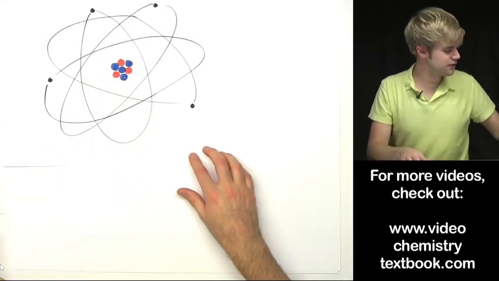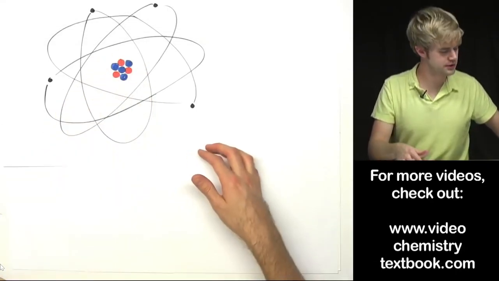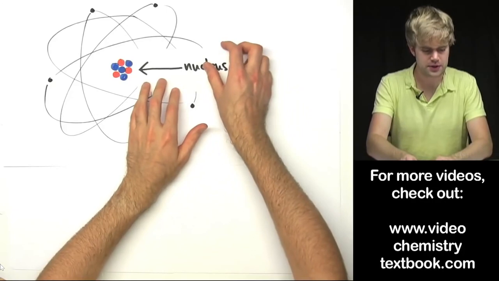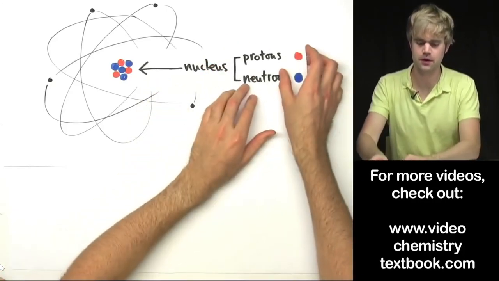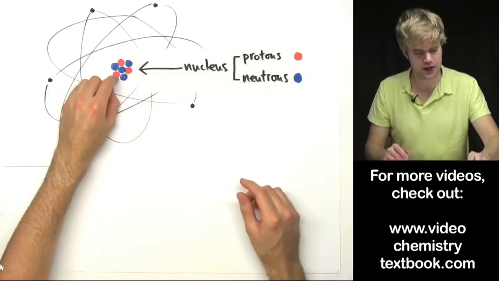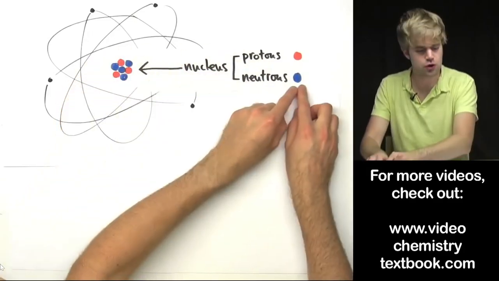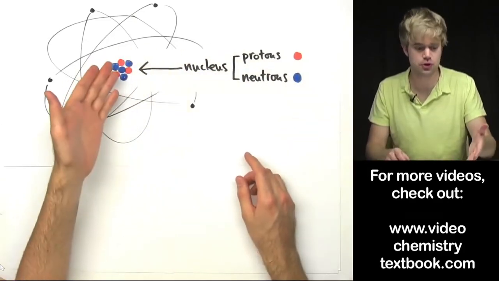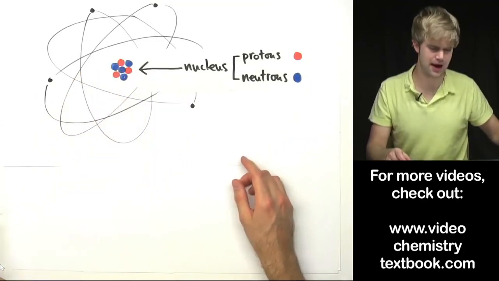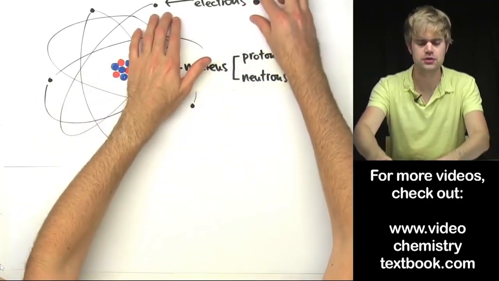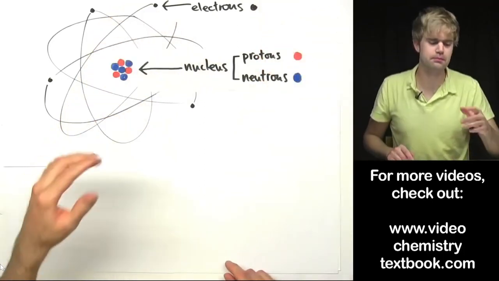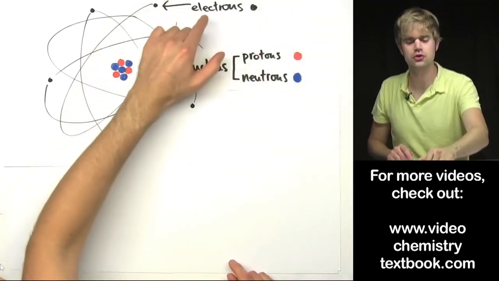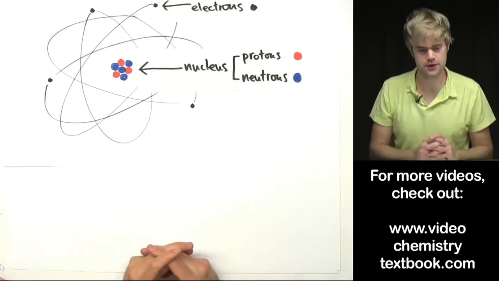In the center of the atom is something called the nucleus. The nucleus is made up of two tiny particles. There are protons, which I've drawn as red circles here, and neutrons, which I've drawn as blue circles. You can label whichever one you want, it doesn't matter. On the outside of the atom, there are these little black circles that I'm using to represent electrons.